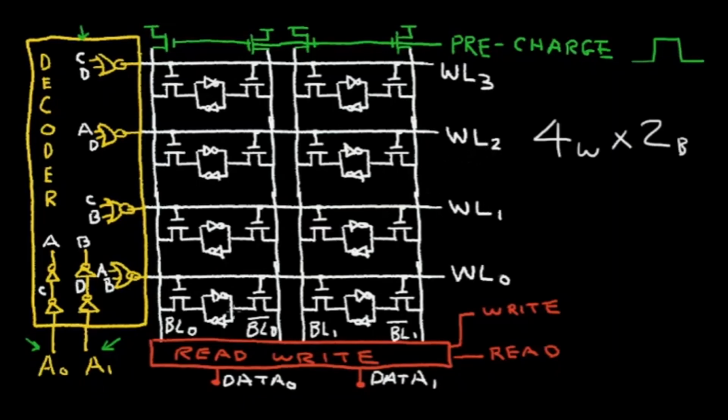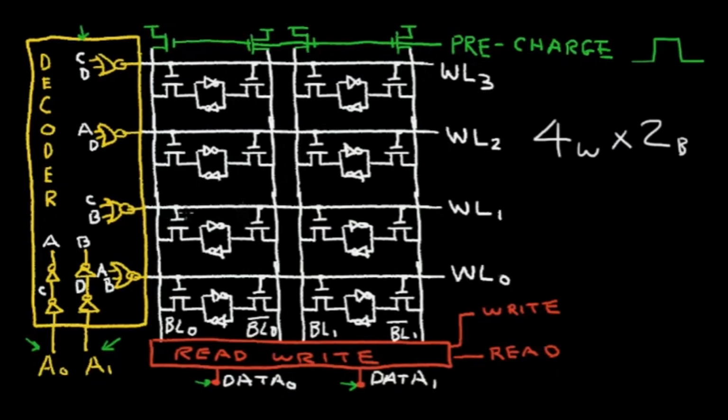So during a write operation, I'll place the information to write into the memory at data 0 and data 1, and the write signals will force the bit lines to the appropriate voltage so I can select my word line and write the information into the cell. Now during the read operation, prior to the read, I'll do a pre-charge.